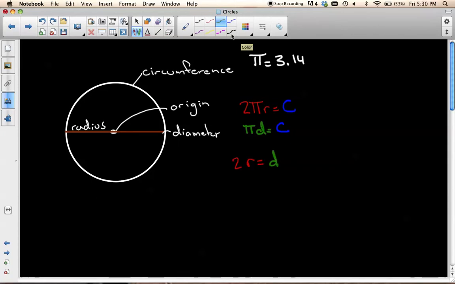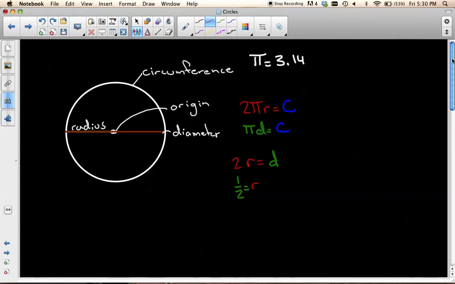And by that same rationale, if we have half the diameter, that will give us the radius. So the radius is half the diameter, and the diameter is 2 times the radius, so it's double the radius. It's important that you guys know that.